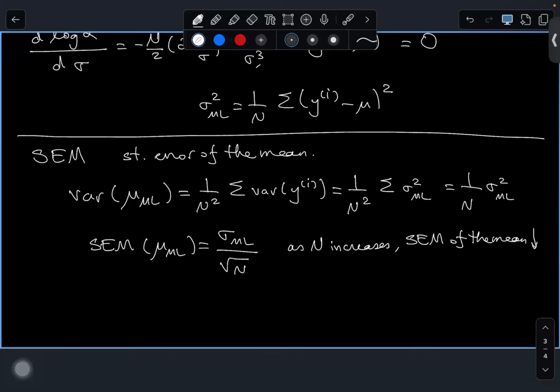It's your measure of uncertainty about the mean that you're plotting. Error bars are measures of uncertainty. And in the case of a Gaussian distribution, as the number of data points increases, your SEM goes down as the square root of that number of data points.